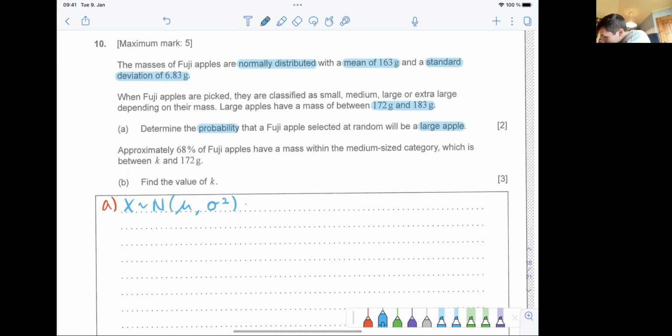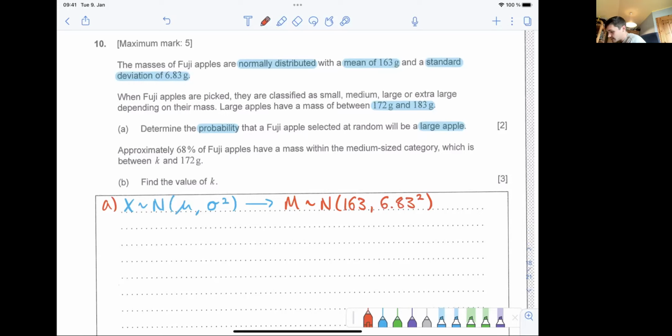If we apply that to our case here, we use the letter M for the masses, you can use any letter you like, and the mean was 163, and the variance would be 6.83 squared.